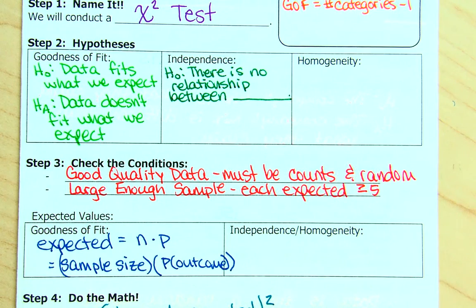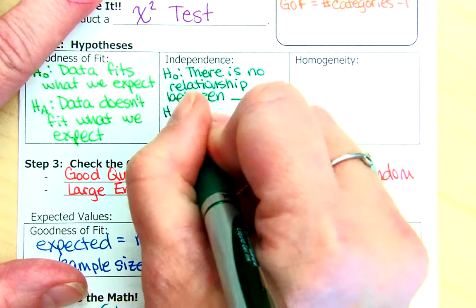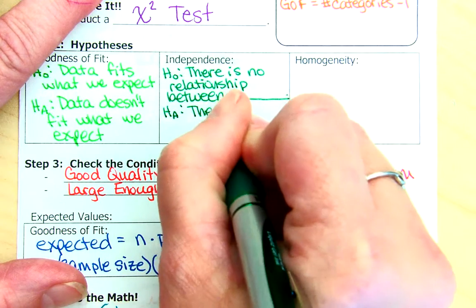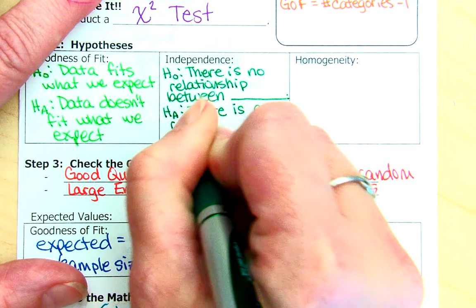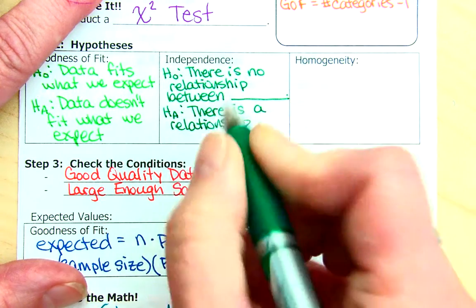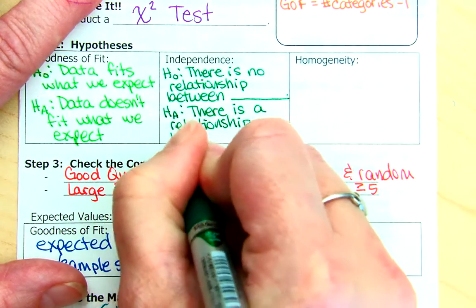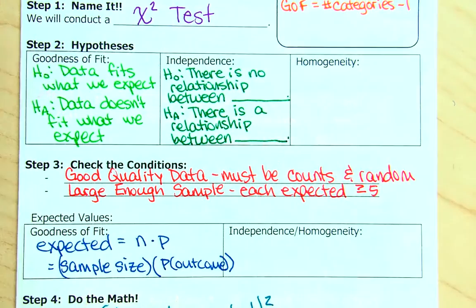There's no relationship. HA is going to be there is a relationship. And we just fill in the context of the problem.